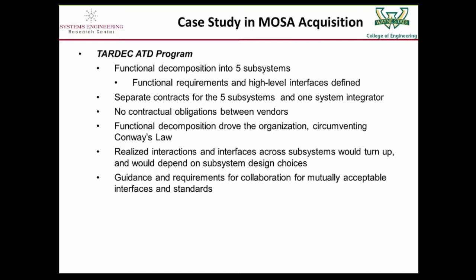So rather than try and be overly smart and figure out all those dependencies and interfaces with all the possible variations, which would almost certainly be wrong and might constrain the solutions, what they tried to do was to get guidance and requirements for collaboration among the vendors to achieve mutually acceptable interfaces and standards with regards to the interfaces and dependencies. And that turned out to be a really interesting step.